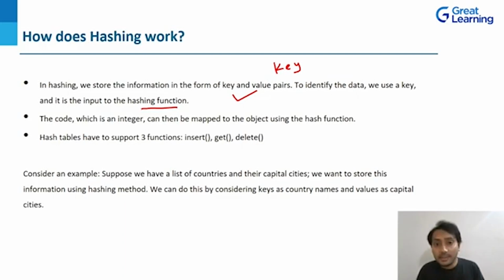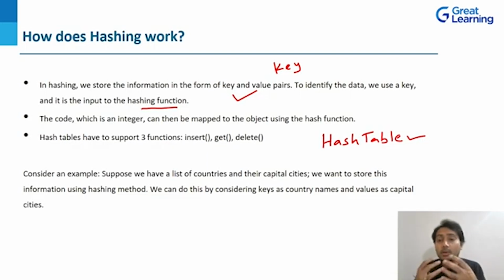Now all this information is stored inside a table called a hash table. The hash code, the key and the value, everything is stored inside a hash table internally. You need not worry about this. All you have to worry about is what this hashing is, how it works, and what the hashing function is.